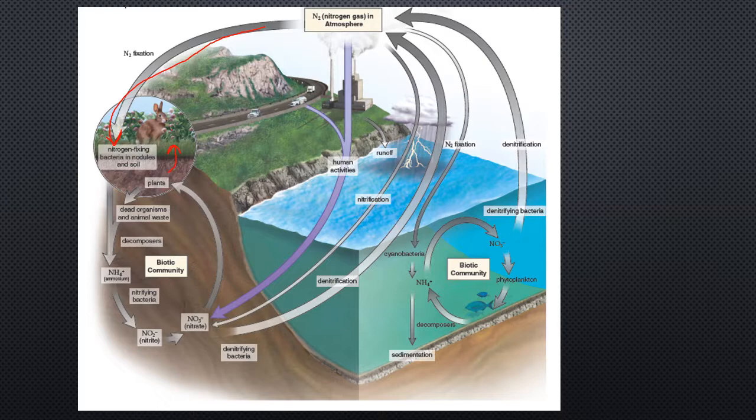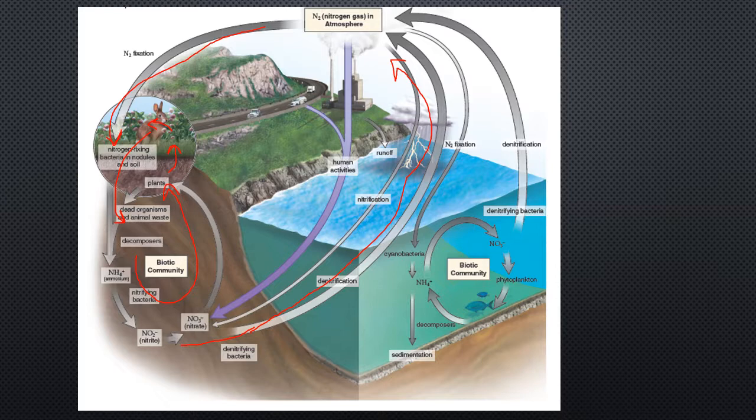And then, of course, our herbivore is going to eat it. Our herbivore can either be eaten by other animals, or it may die and it's been put back in the soil for decomposers, and it goes through this cycle all over again. It can also go through denitrifying bacteria, which then will take it back through, either through water or straight from soil, but back into the air again.